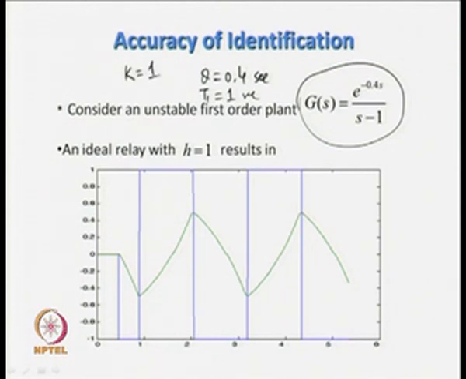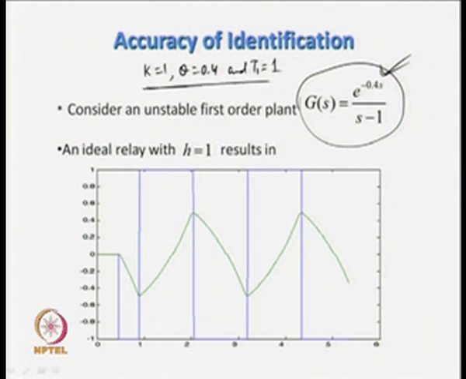If I look at this transfer function model for the unstable first order plus dead time model, the three parameters that have been given are K equal to 1, theta equal to 0.4 and T1 equal to 1. Let us try to estimate back these values from the equations.